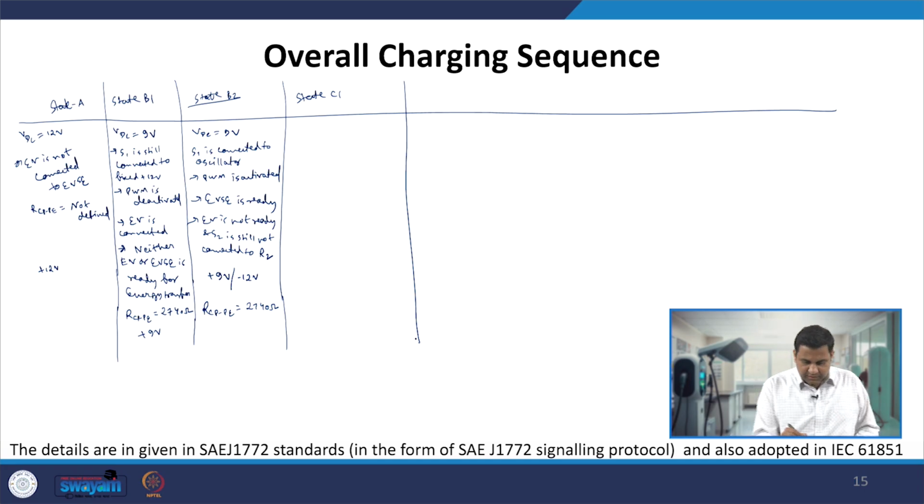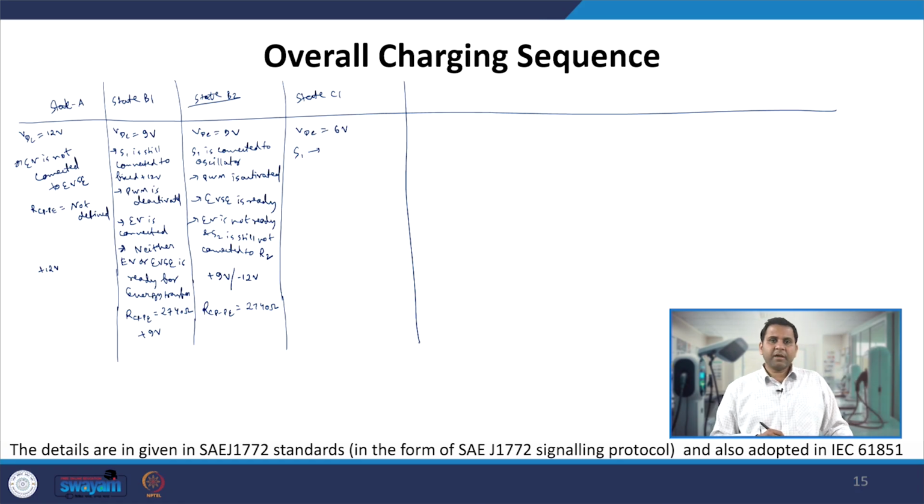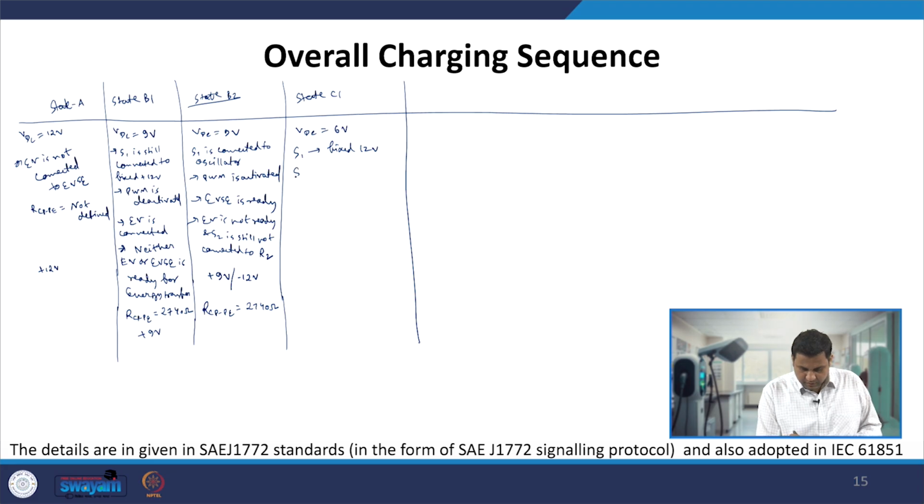In state C1 we have VDC equal to plus 6 volt. This is the state when the EV is ready but EVSE is not ready, so S1 is connected to fixed 12 volt. S2 is on and connected to R2.